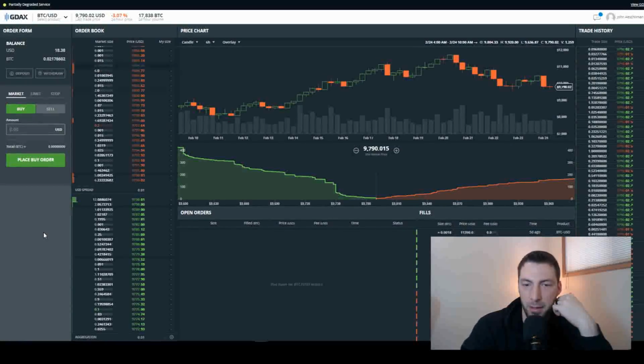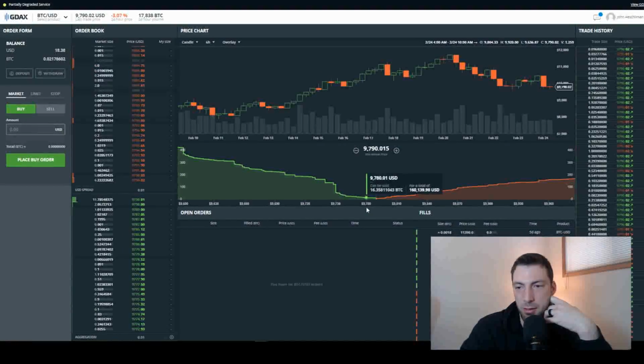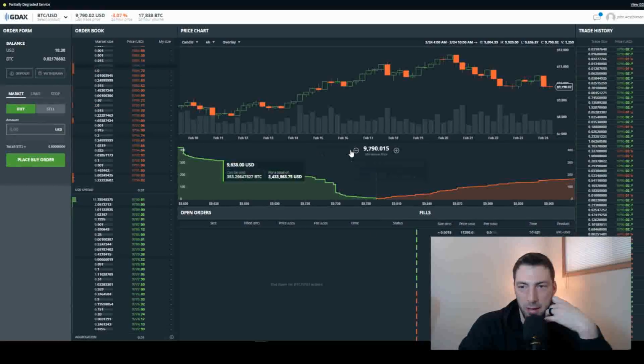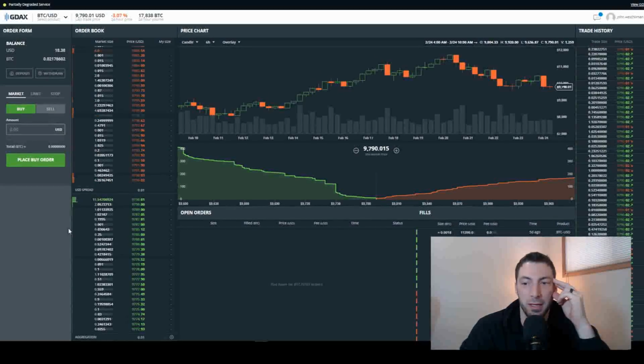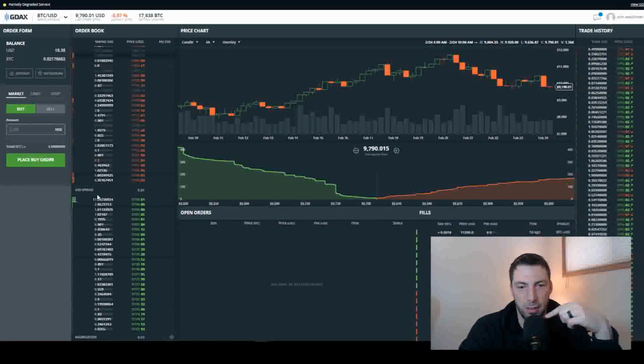And so what can happen, just to explain this, is if I execute a market buy now when the last trade price was 9,790, it's not necessarily a given that my market buy will go through at the same price, because it's not necessarily a given that there is a limit sell already sitting out there. And so this is the limit sells here. So this is what I can see.